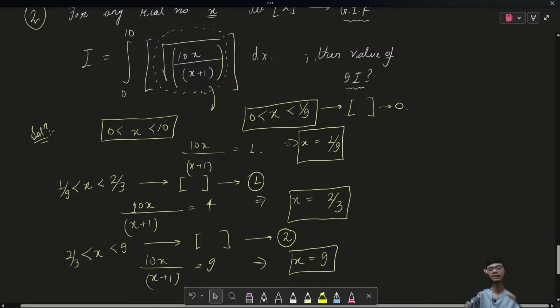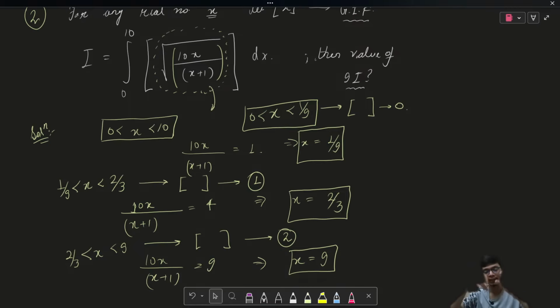So whenever you see a greatest integer, equate the expression present inside the greatest integer function to an integer, and from that you will find the bound of x. Once you get the bound of x, plotting the greatest integer function is the simplest thing you can do, right?